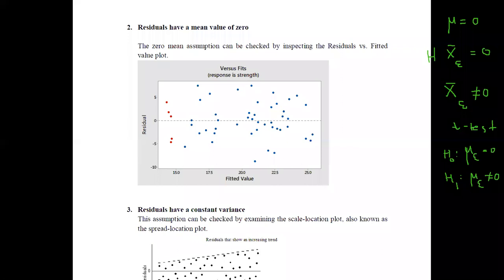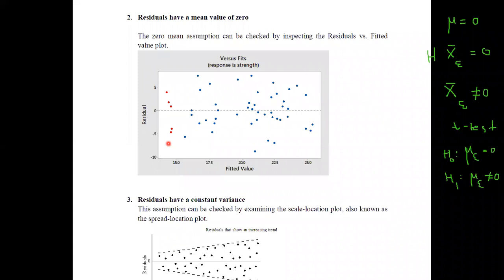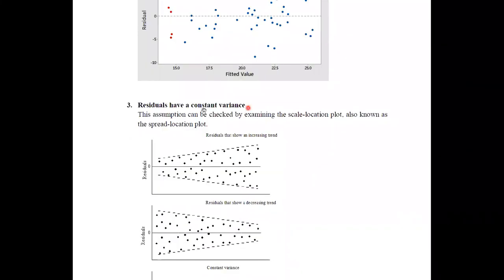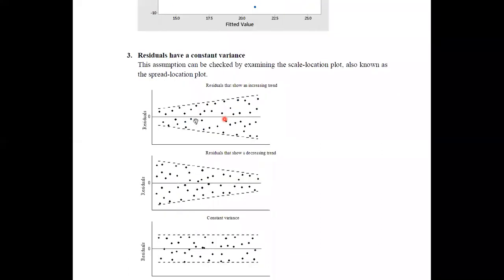And the third assumption is also checked using the residuals versus fitted value plot. Here you can identify the assumption of constant variance. The constant variance can also be identified using a residuals plot, which we name the scale location plot.